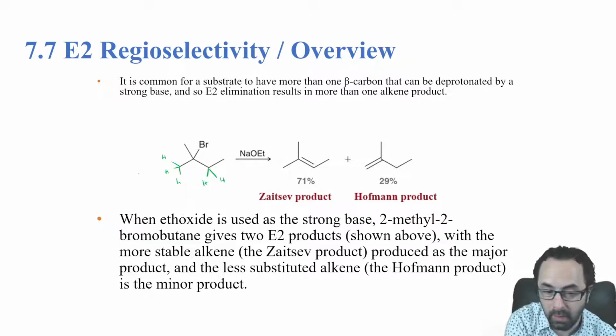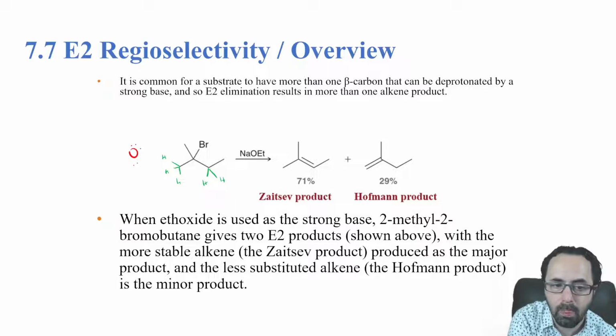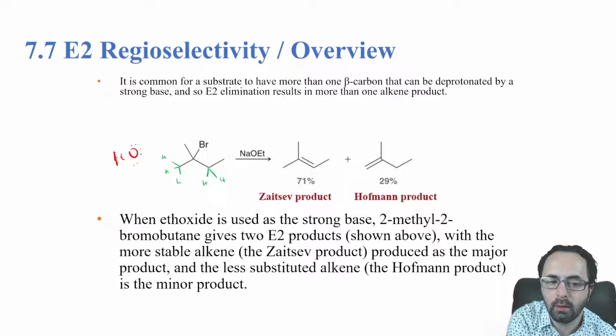And so if we have our base coming in, which in this case is the ethoxide ion, which is often abbreviated OEt. You're going to see this more and more often. The Et meaning ethyl. So this is the same as this oxide, negative charge here.